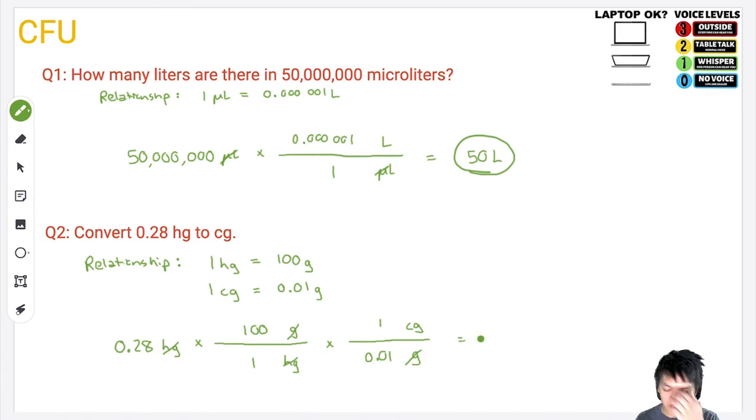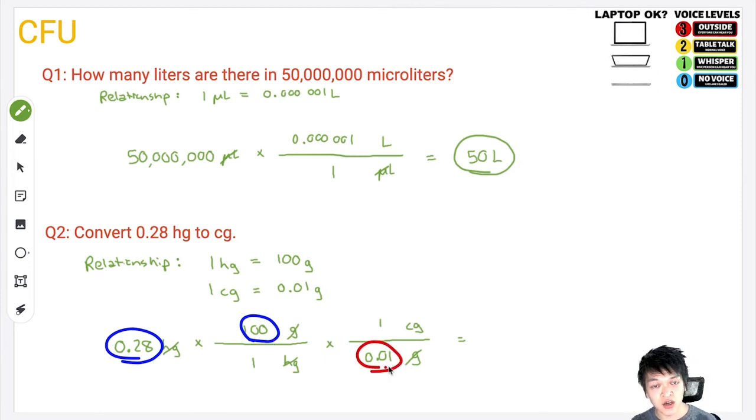So since that's the unit that we need to convert to, we can write our equal sign. Now in this problem, we're starting with 0.28. We are going to multiply by 100, but we're going to divide by 0.01. I'm already expecting our number to be kind of big, because we are multiplying by a big number, and dividing by a small number. If you multiply by a big number, it gets bigger. If you divide by a small number, it should get bigger as well.